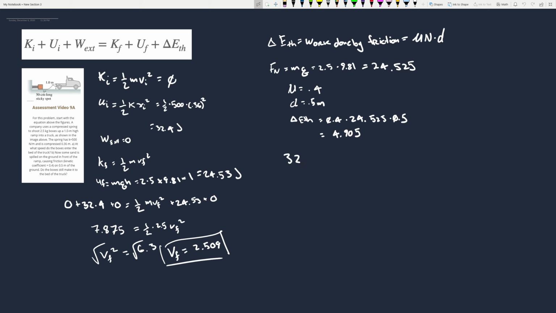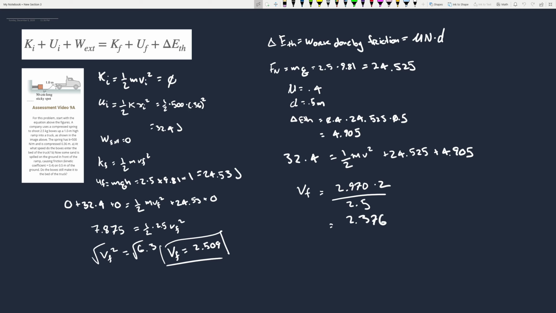We'll have 32.4, and I'm not going to add the zeros because they're useless, equal to the final energies plus 24.525 plus 4.905. Then we'll subtract everything on the right side from the left side to get our variables free, and we'll end up with an equation right here: 0.970 times v squared is going to be equal to 2.376.